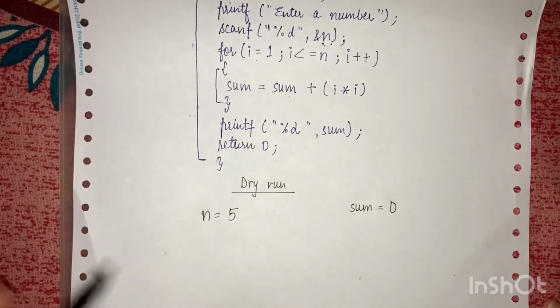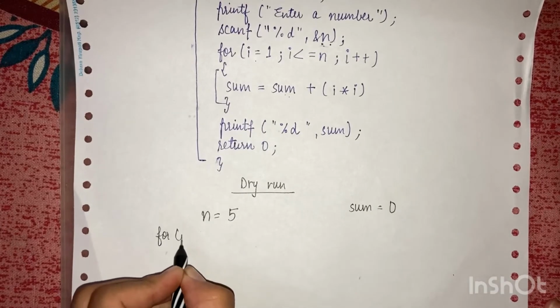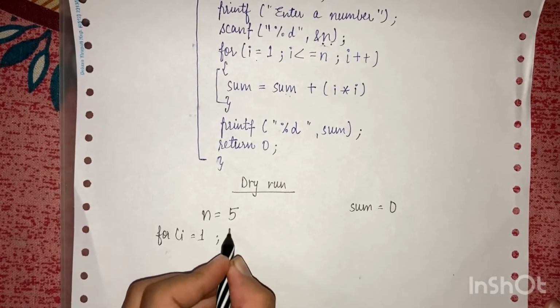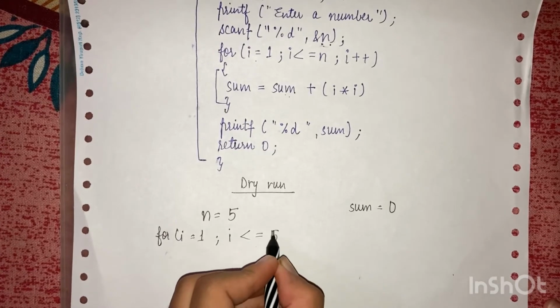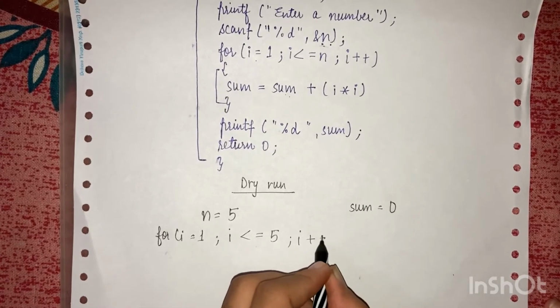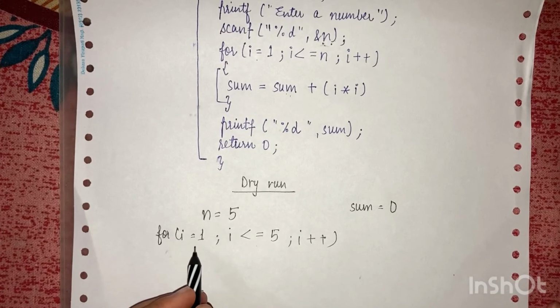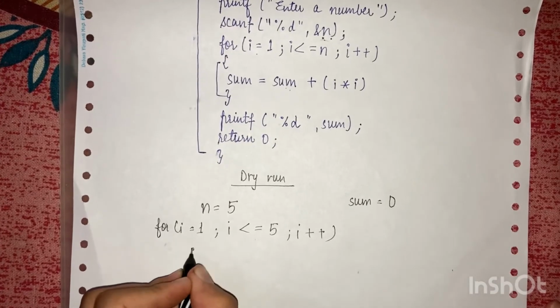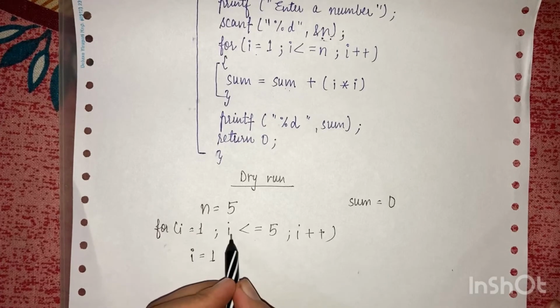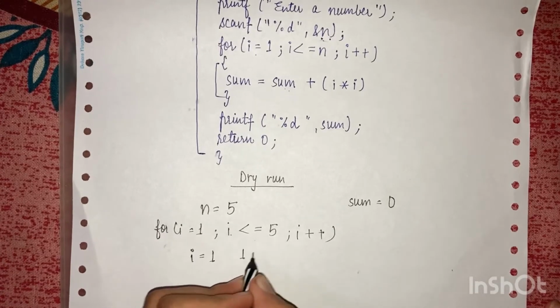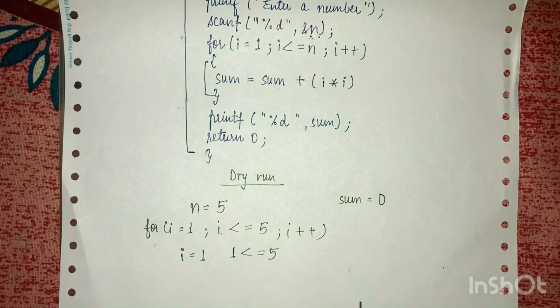Now the loop, what is the loop now? i is equal to 1, i less than equal to the value of n which is 5, i plus plus. This is what the loop is, right? So initially we have value i is equal to 1. Now we'll check the condition, if 1 is less than equal to 5.